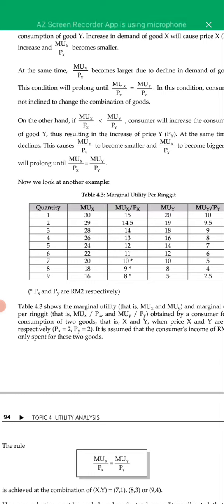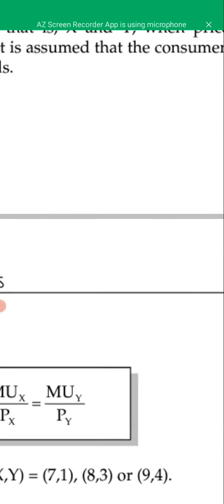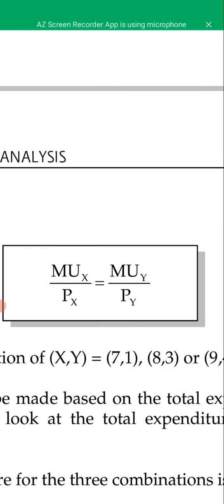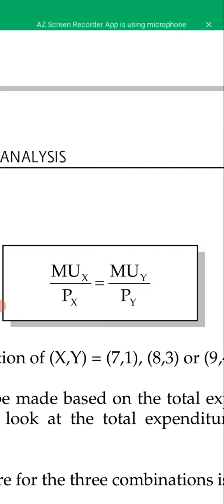So here you need to find these points. You need to look at the MUX, the marginal utility of X divided by the price of X, being equal to the marginal utility of Y divided by the price of Y. MUX over PX is called the marginal utility per dollar.